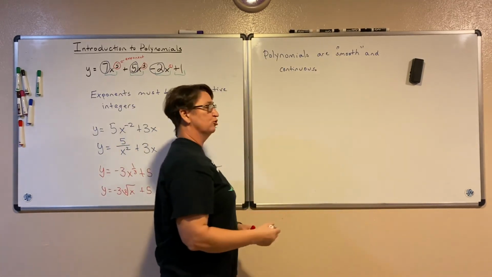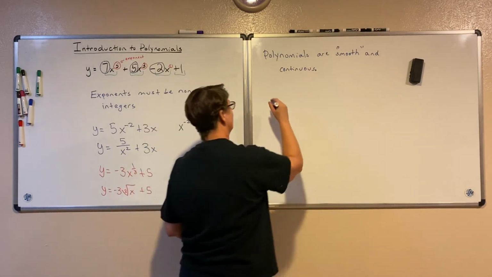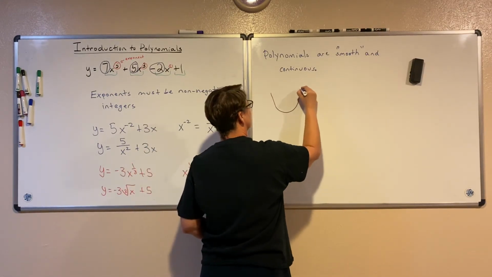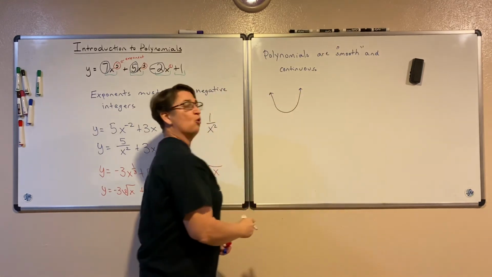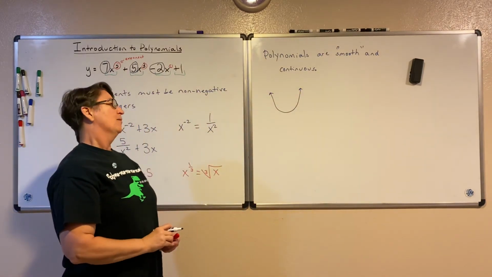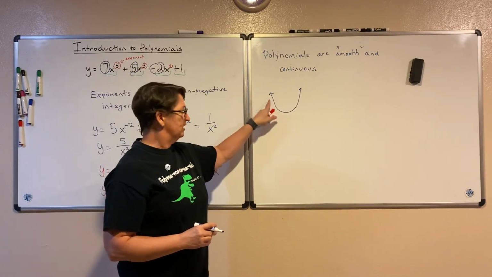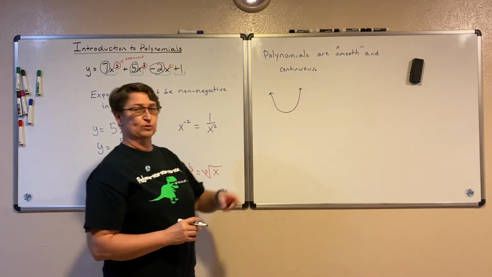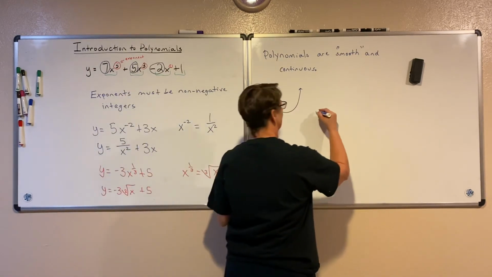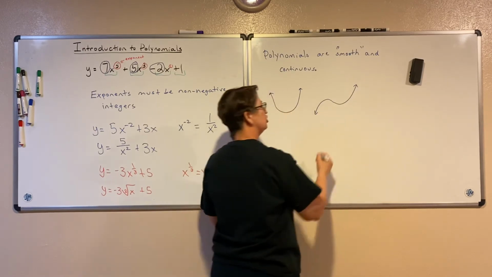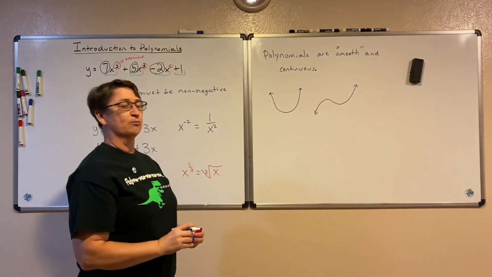It's going to be smooth and continuous. So an example of a polynomial is something like this. We've seen that before. A quadratic, or that parabola shape, is a polynomial. It's smooth and continuous. Here's another example of a polynomial. There's that cubic function that we've looked at before.